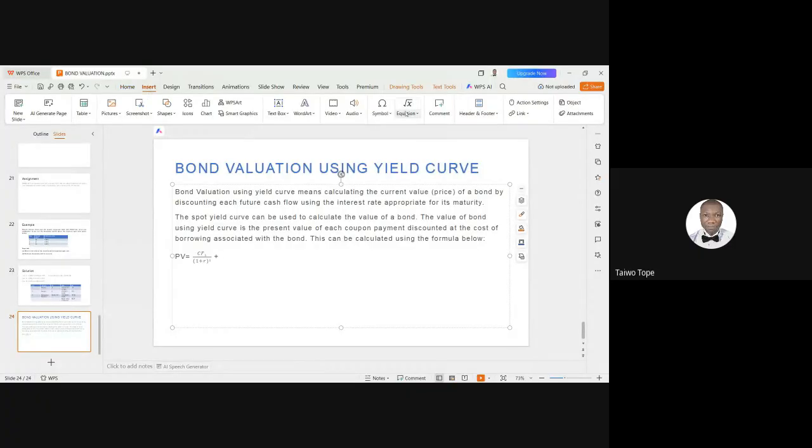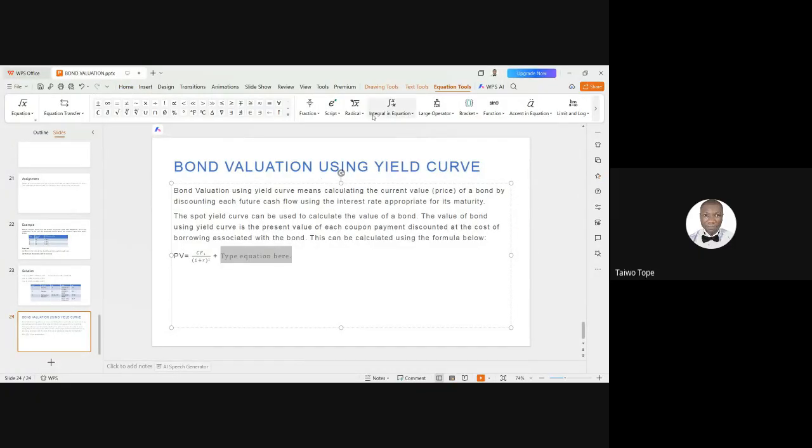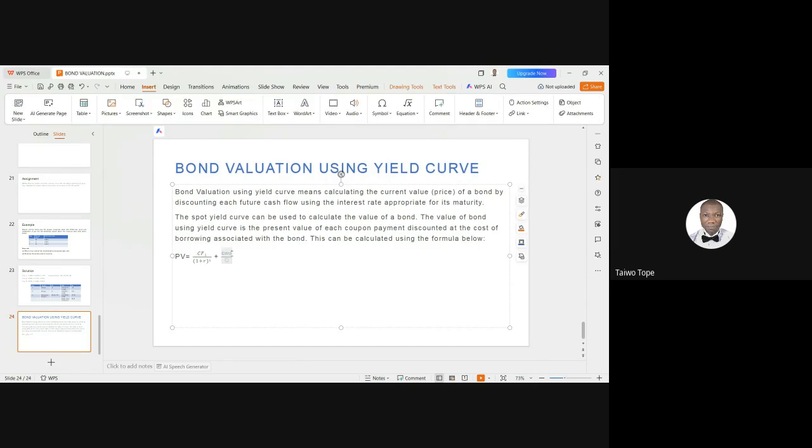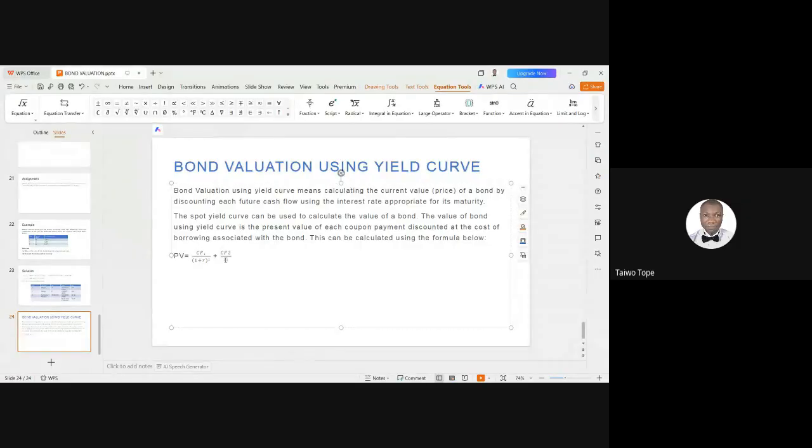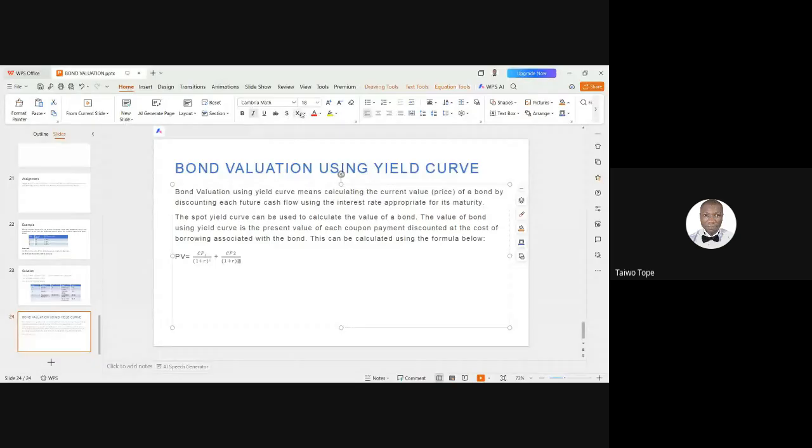For year 2, it will be your cash flow in period 2, divided by open brackets, 1 plus R, to the power of 2 for period 2.